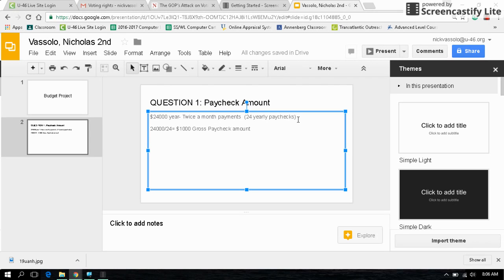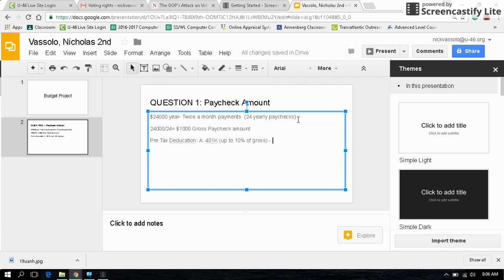Okay. From that gross paycheck amount, then you have what are known as pre-tax deductions, and one of those is your 401k, up to 10% of your gross. I'd like all of you to start putting away 10% because that's just the best way to go about paying yourself first.